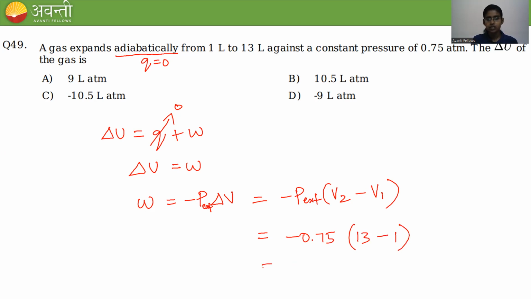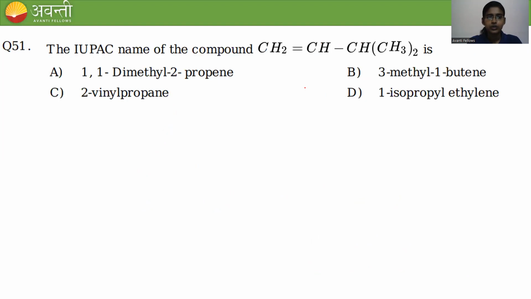So 13 minus 1 is 12, and 0.75 into 12 gives you minus 9 liter atmosphere. So option D is the correct answer. So let's move on to question number 51.